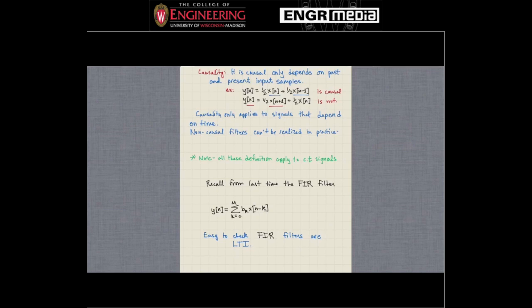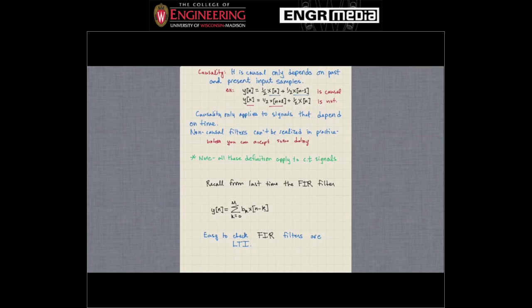And non-causal filters can't be realized in practice unless you can accept some delay. All right? So if my output depends on a sample that hasn't arrived yet, I can just wait and delay, not output anything, maybe delay the output for a while.